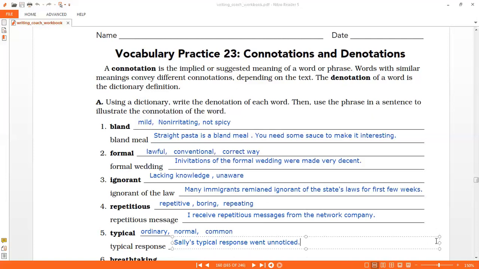Something that is typical, that is ordinary, that is unexceptional, usually goes unnoticed. So Sally's typical response went unnoticed by the members.